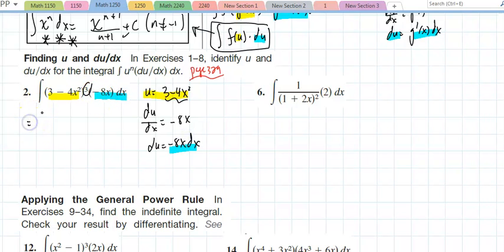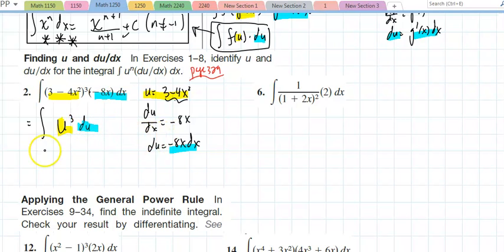Doesn't that make this the integral of u cubed? If you really pay attention to what we did in the substitution, we let u equal 3 minus 4x squared, the inside of a power function. And do you see that du is right there?